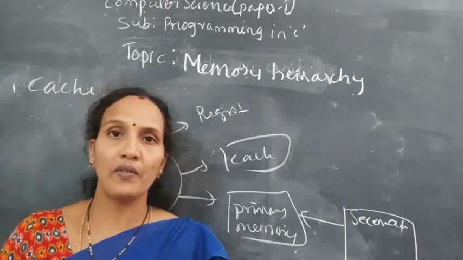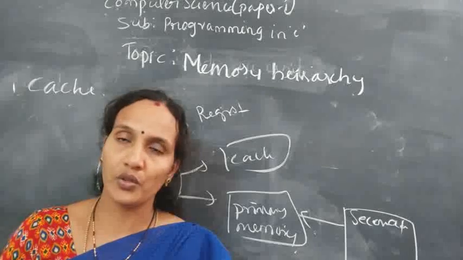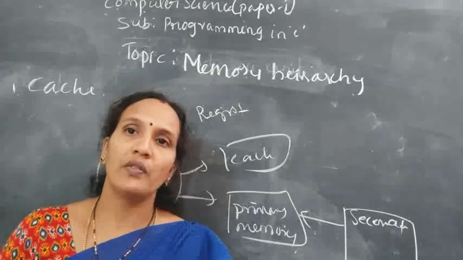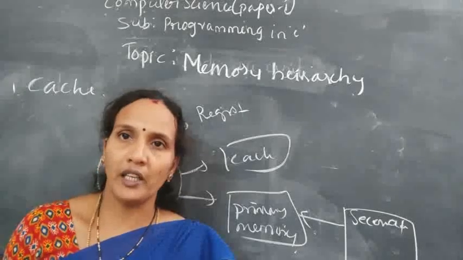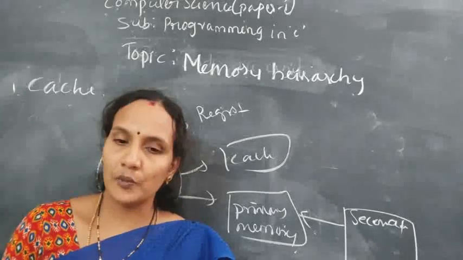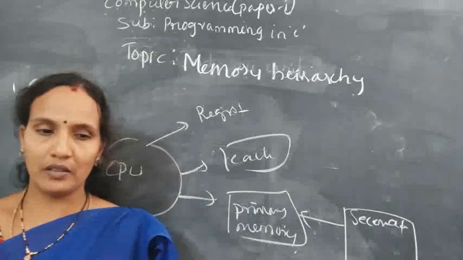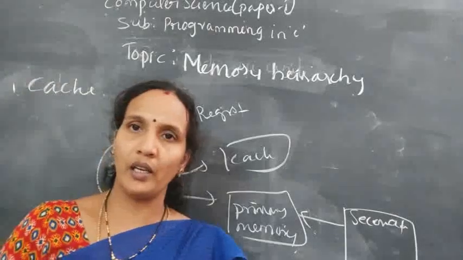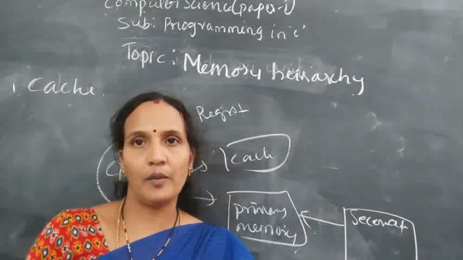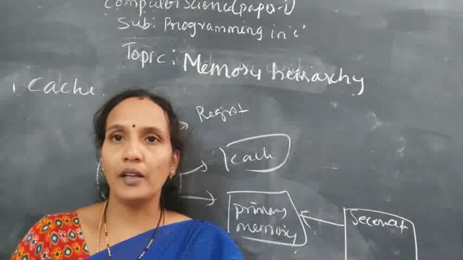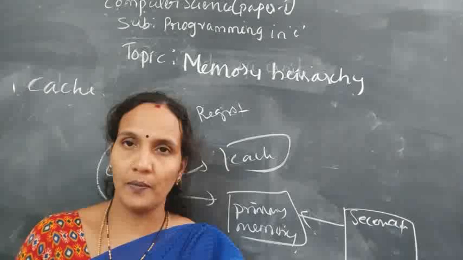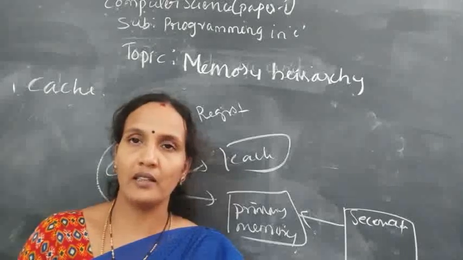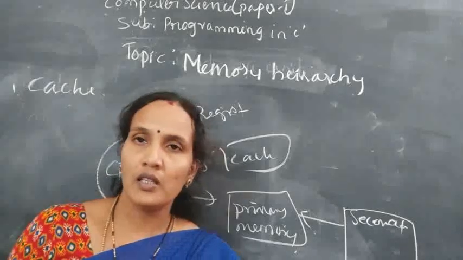If there is no power supply, then whatever content you stored will not exist. Understood? And compared to the secondary memory, the speed of accessing is very high in the primary memory. Compared to the secondary storage devices, whatever files are there are directly transferred to the CPU.